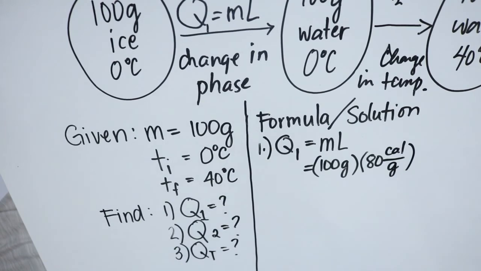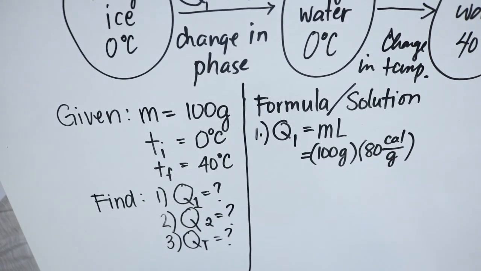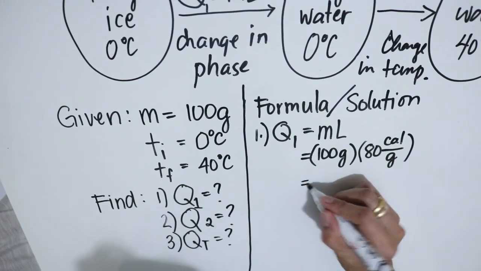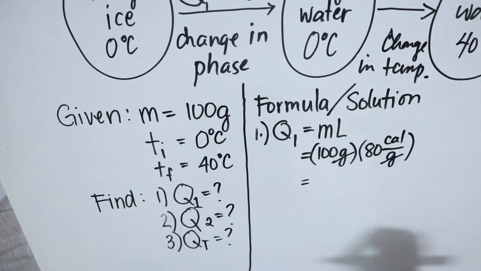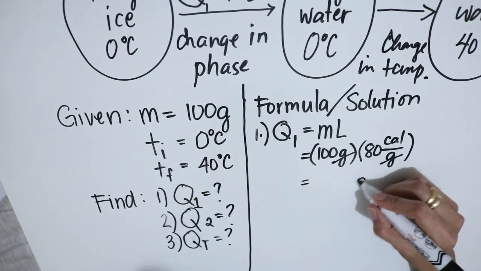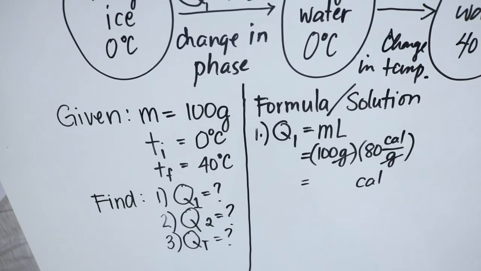Meaning to say, in every gram of water, 80 calories is needed to be able to change it to a different state. In this case, we change from solid to liquid. So, cancel the unit. The unit that will be left behind will be calorie. Okay?